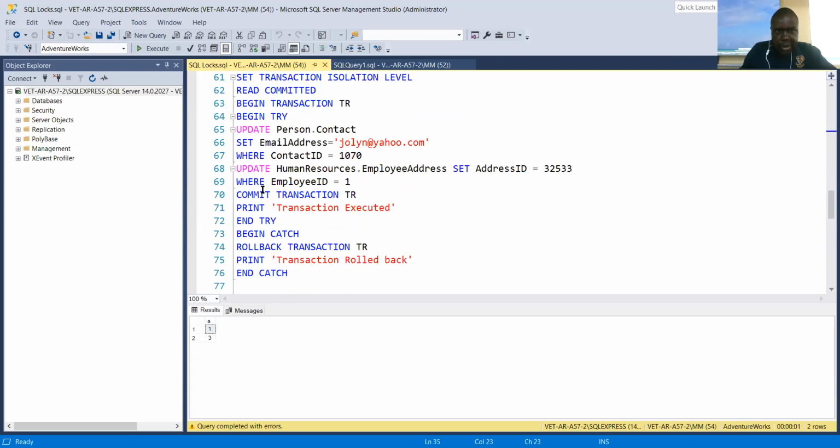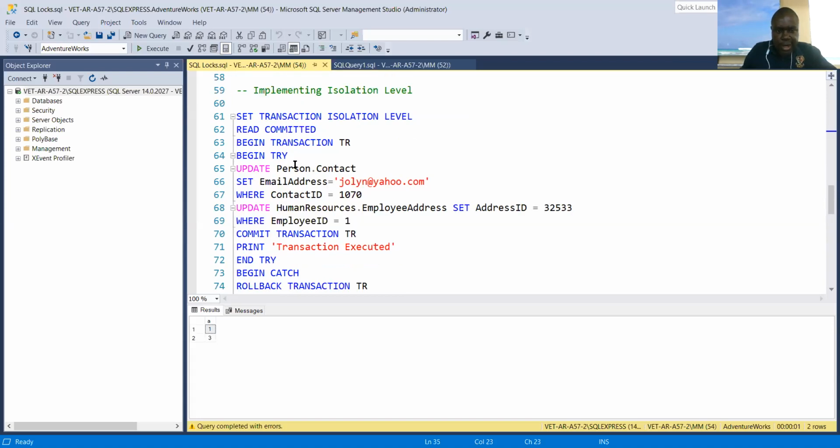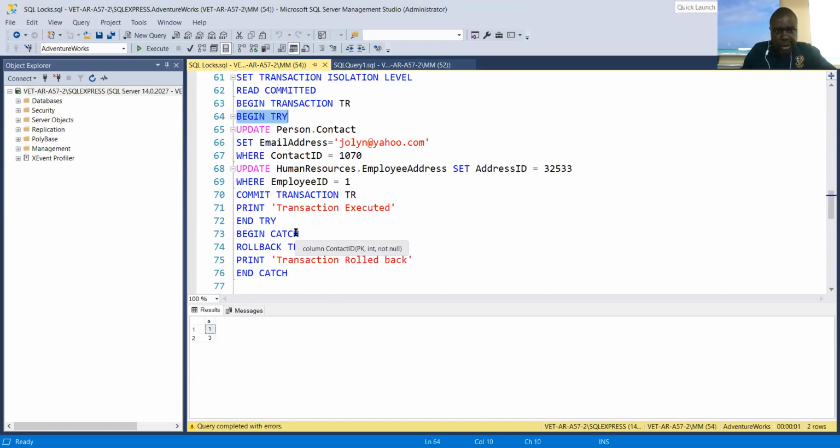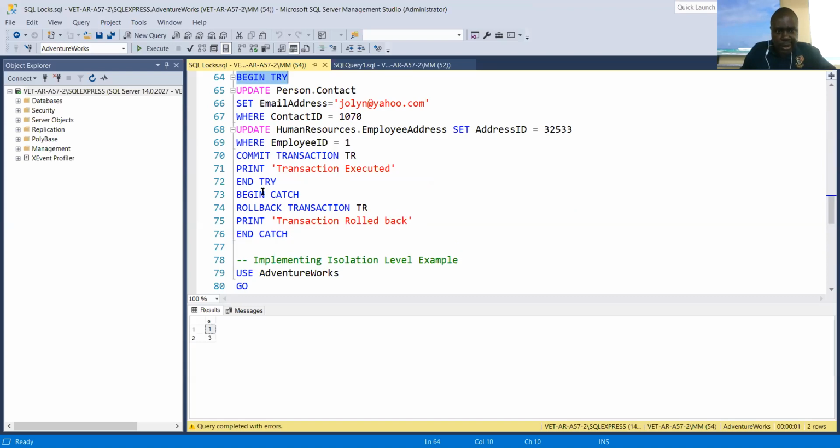Because when I began, I used try, I need to have a corresponding begin catch, this one, so that if an error occurs somewhere here, then execution will skip from that point to this part, to execute this part, to say transaction rollback.